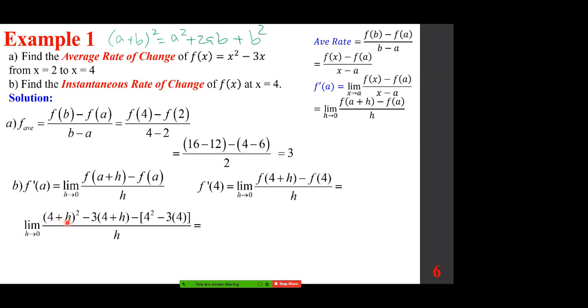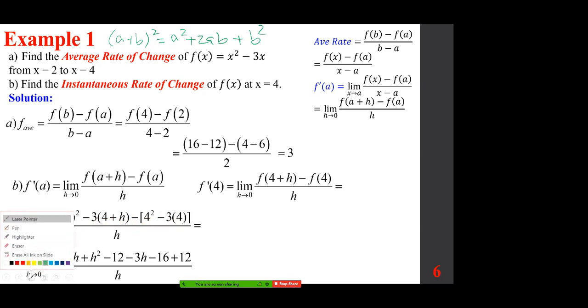The rest is easy. Minus 3 times 4 is minus 12. Minus 3 times h, minus 3h. This is 16. Okay. And this is negative 12. Changes to 4 minus 4, or just apply the negative. It doesn't matter how you do that. The point being, just about most everything cancels out, and you want to pay attention to that.